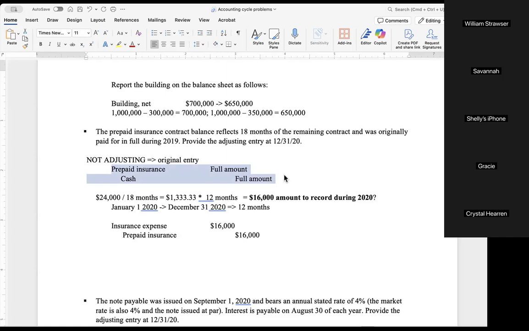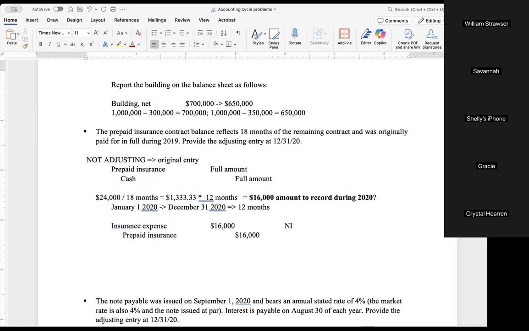And again, we're running into that same situation with the building. I spent cash, but I have not yet recorded an expense, because by the expense recognition principle, I want to record the expense when it's actually being used up to create revenue. So I need to record some usage of this prepaid asset during 2020 as an expense, and that's how I want to do it.